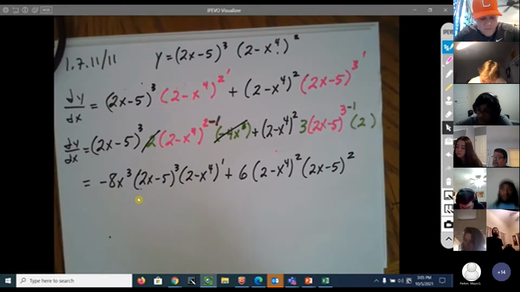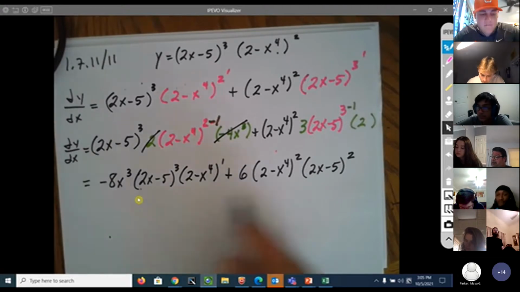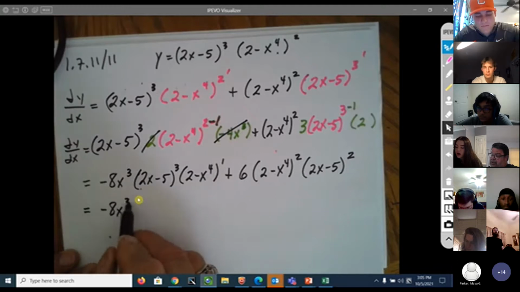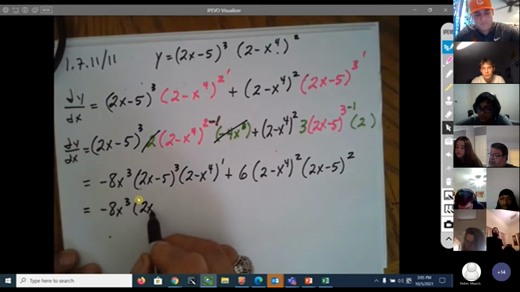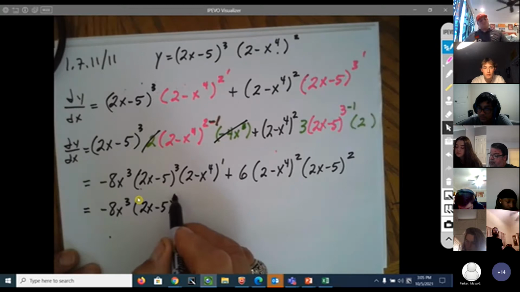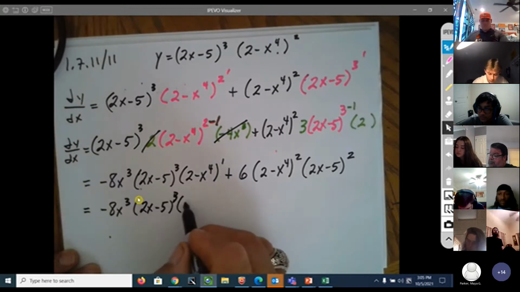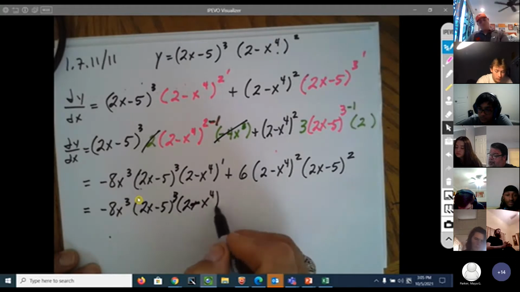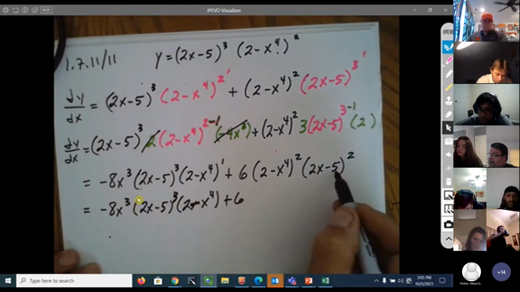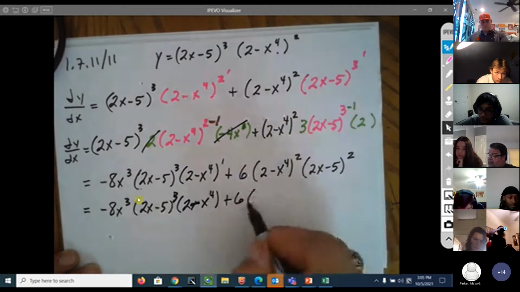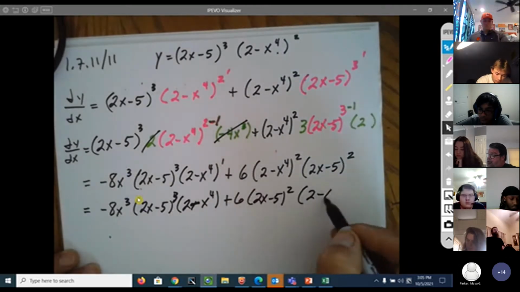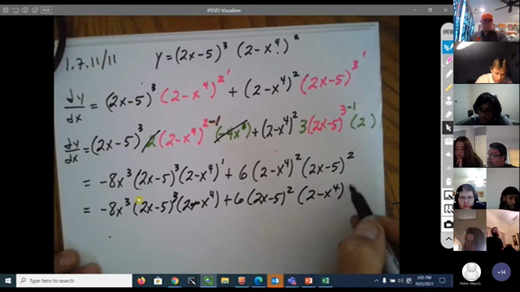Now, I really don't see very much. The only thing I see, I would turn this around a little bit and I'd rewrite it. Negative 8x to the 3rd, (2x minus 5) to the 3rd power times (2 minus x to the 4th), plus 6, and I'd put this (2x minus 5) to the 2nd power, and then (2 minus x to the 4th) to the 2nd power.